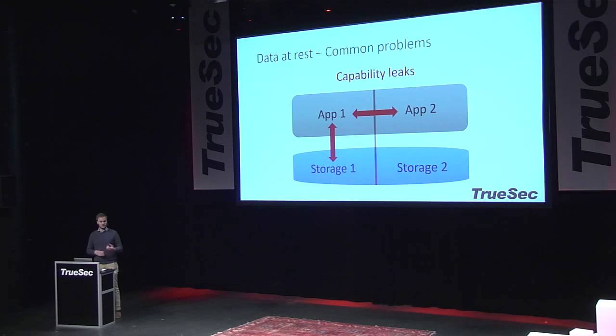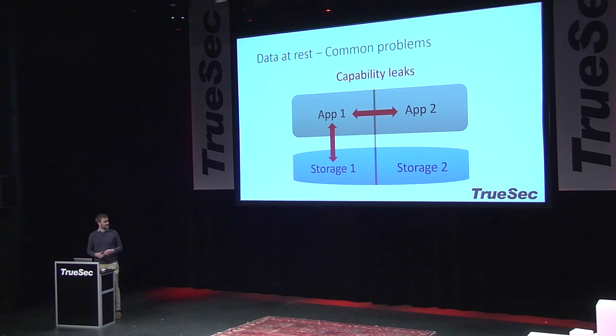Because that goes into another common problem in these situations, which is some sort of capability leak, where one app could call the other application and use that application's privileges to read or modify, for example, storage or interfaces.